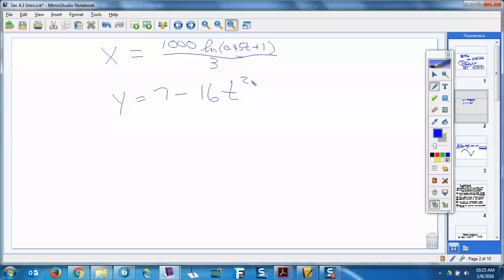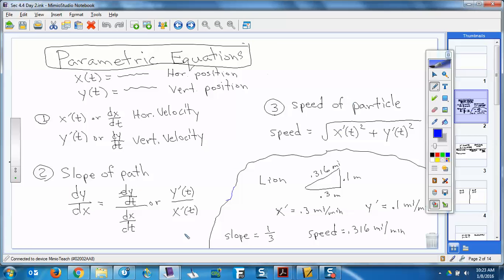So like I said, if I just give you a parametric equation, be able to graph it and be able to work with all of these different formulas. Be able to do the derivative of each one, that's your velocity, be able to do this formula, which is a speed. And if you need slope, you can do slope.